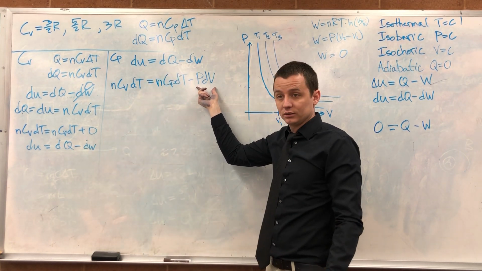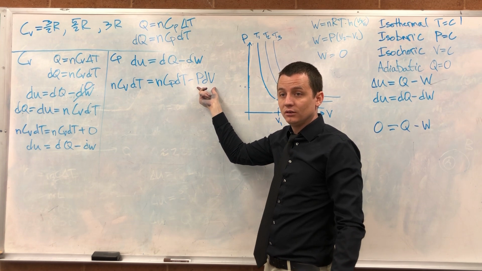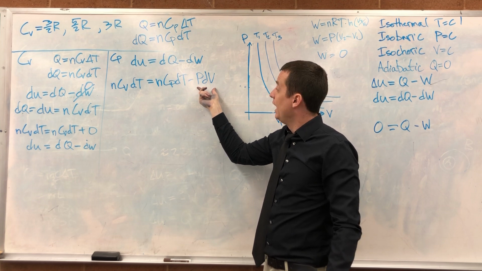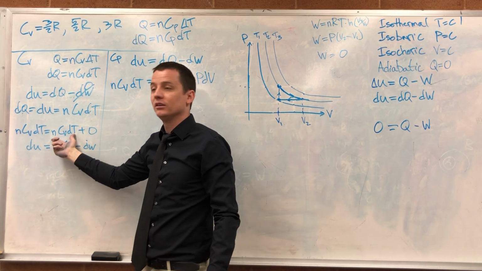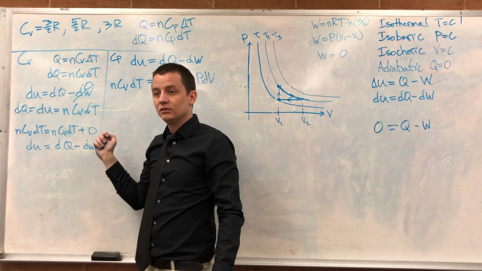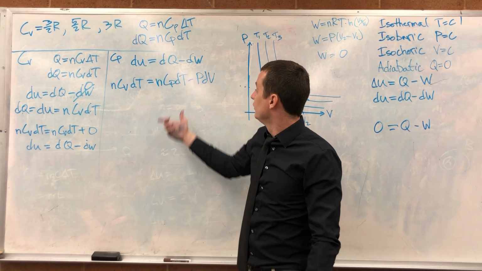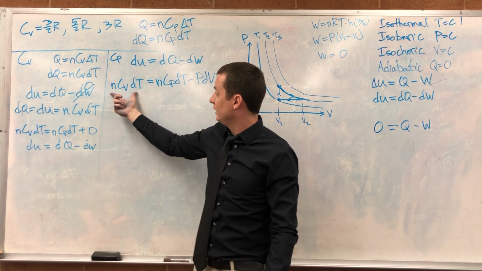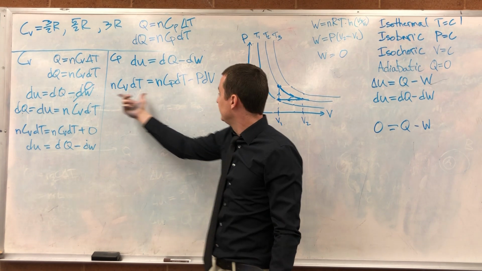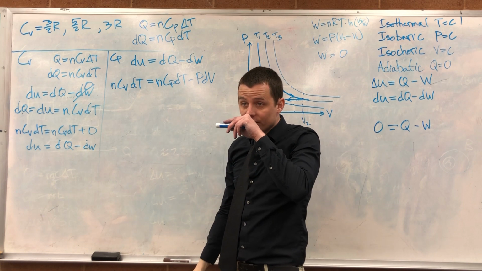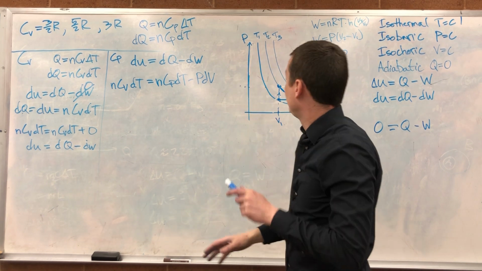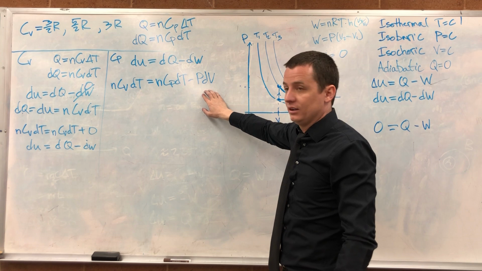Over here, we had some work. And so the heat added over here has to be bigger than the heat added over here, because this minus some work gives me this. Good now?